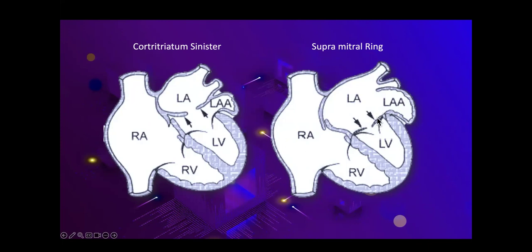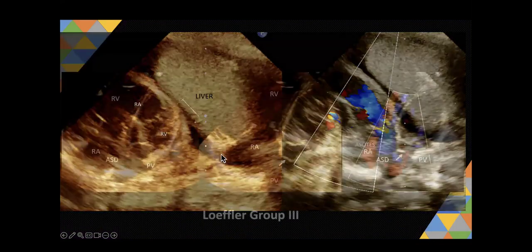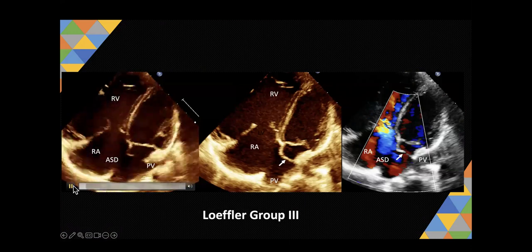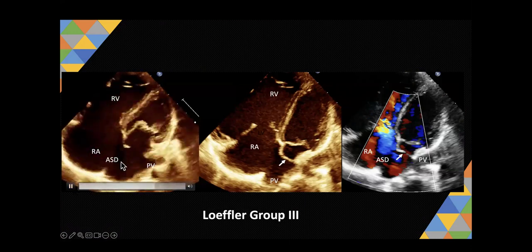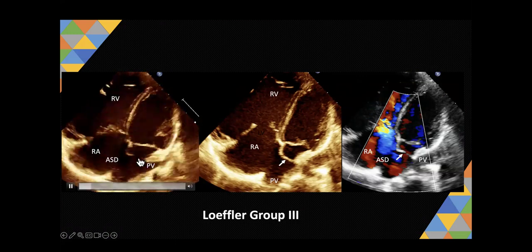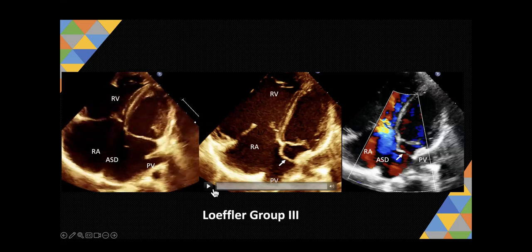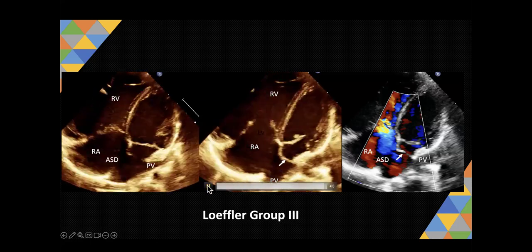If you have the membrane or obstruction below the left atrial appendage opening, this is the supramitral ring. I'm showing you examples of both. And this is the patient with a large atrial septal defect. You see a non-restrictive membrane crossing the left atrium, and this is a cor triatriatum.